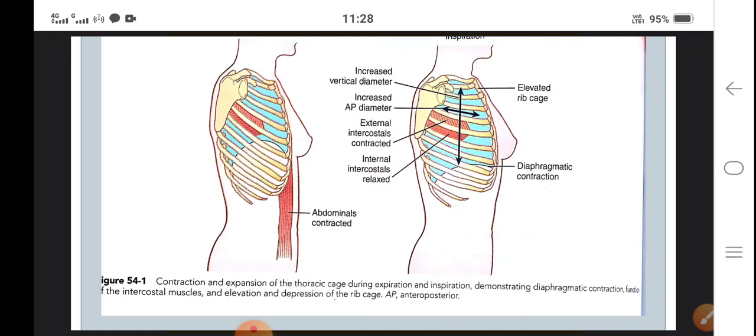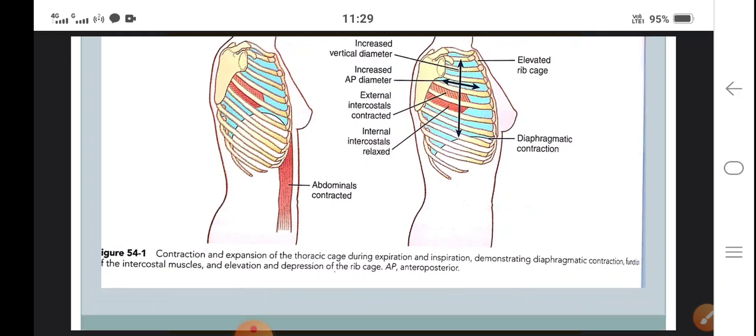The internal intercostals function exactly in the opposite manner, functioning as expiratory muscles because they angle between the ribs in the opposite direction and cause opposite leverage. The action of the intercostal muscles during inspiration and expiration are shown in the next few diagrams also.